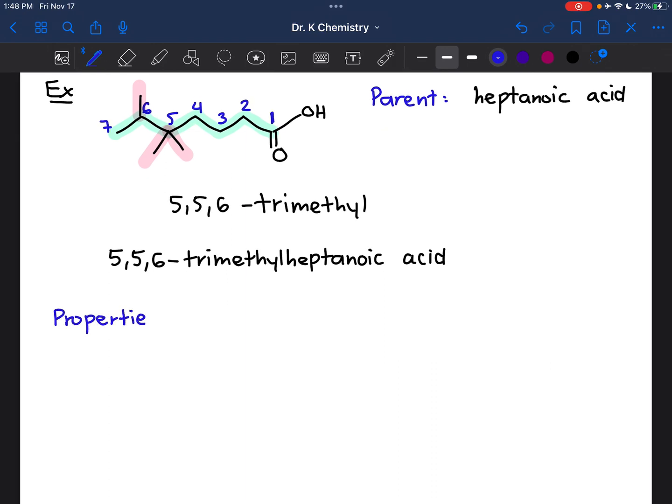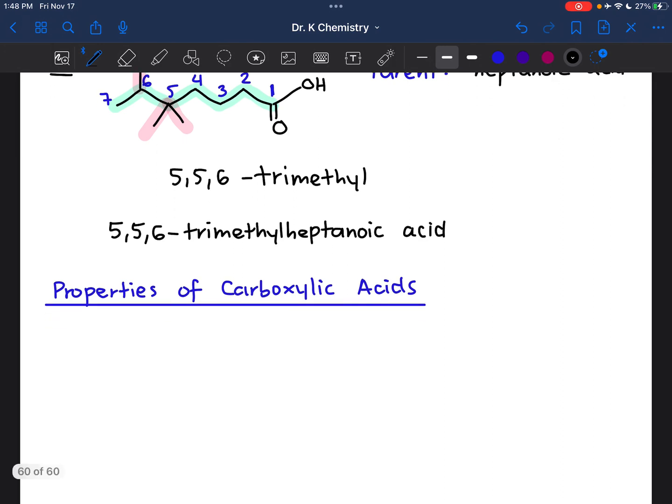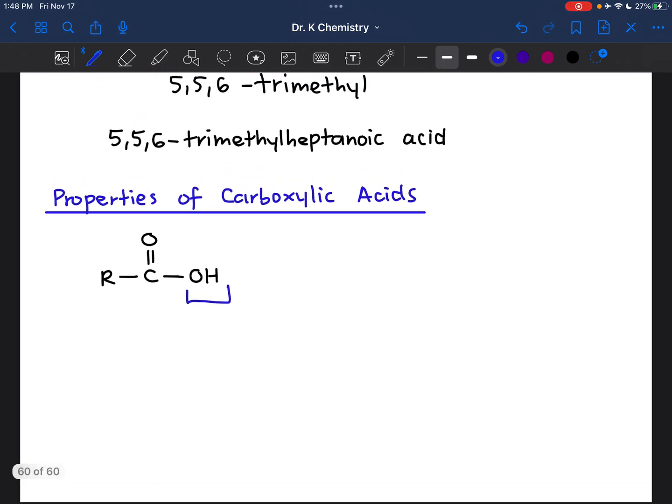Okay, in terms of properties of carboxylic acids, the name alone tells us they will be acidic, so they will react just like acids do. I would like to take a look at their solubility first. And notice that they have an OH group.